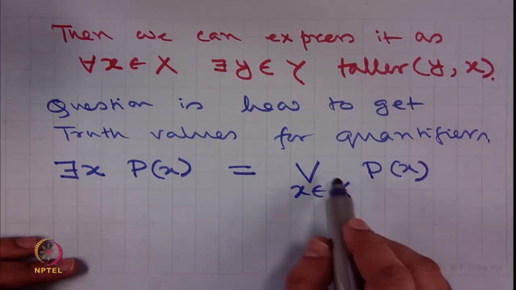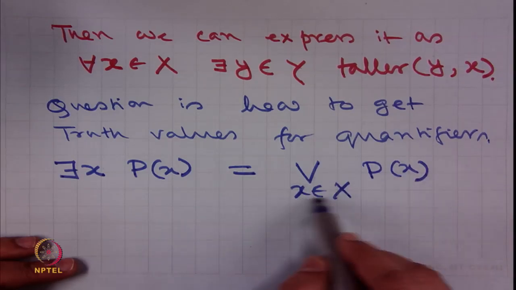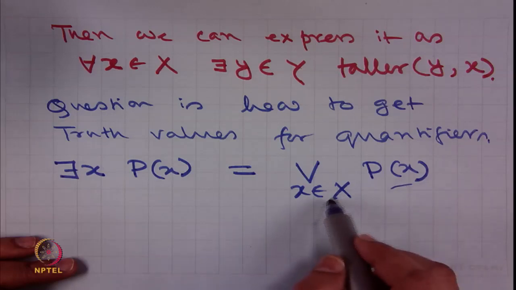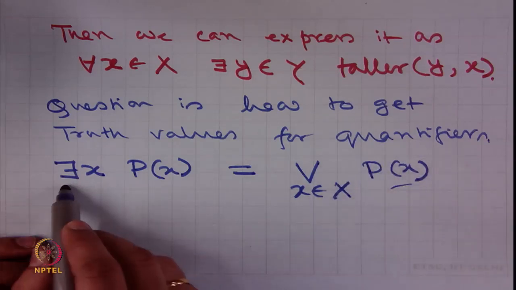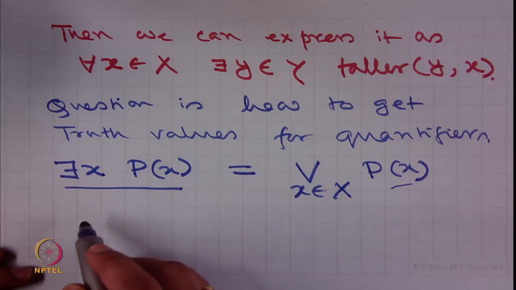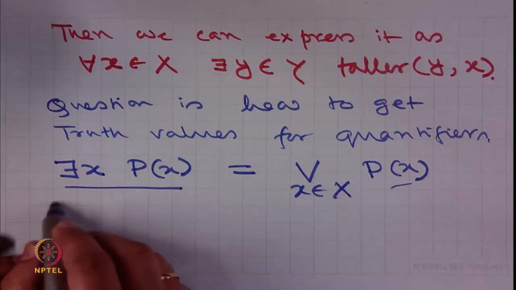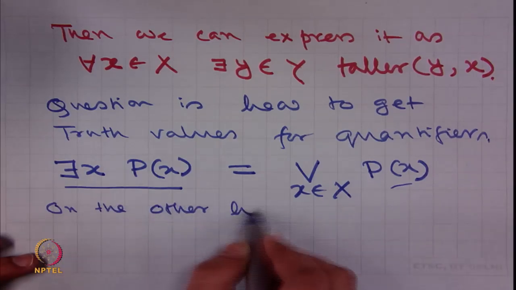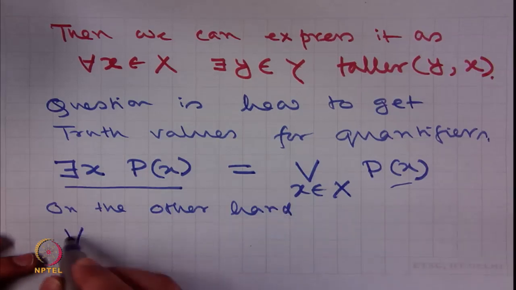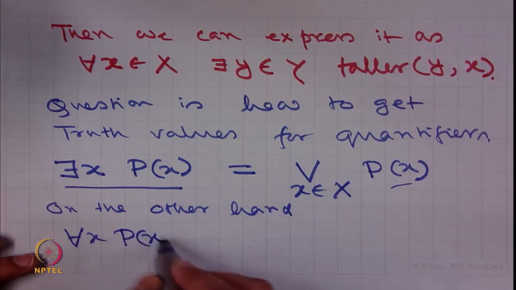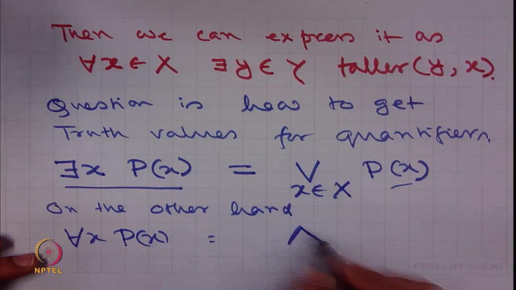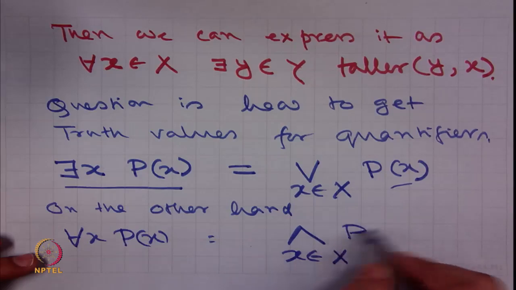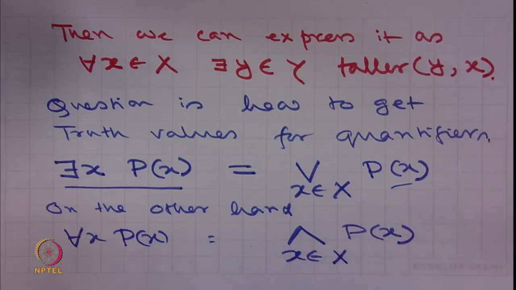That means, if for any one of the elements of X p x is true, then there exists x p x is going to be true. On the other hand, for all x p x is true if it is true for all the elements of X, therefore, its truth value is going to be the AND over x belonging to X of p x.